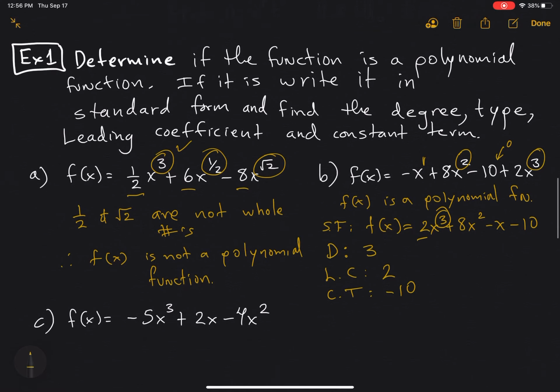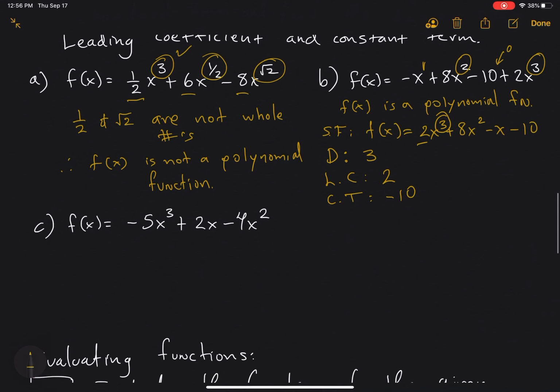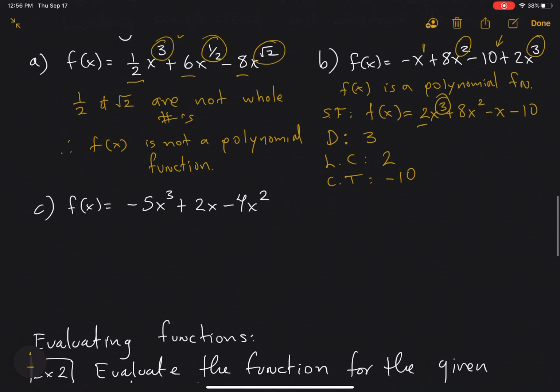You're welcome to stop the video before I even write the answers to see if you understand it in the next example. So find whether it's a polynomial function or not, then write it in standard form. Then find the degree, leading coefficient, and constant term. So it is a polynomial function because 3, 1, and 2 are whole numbers.